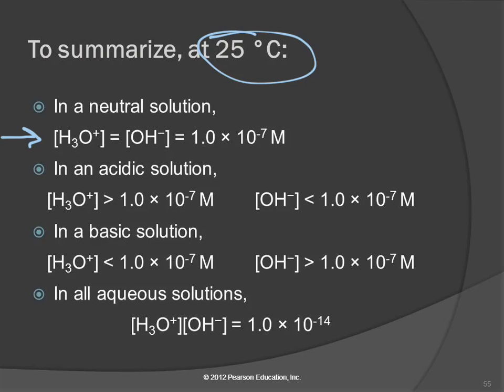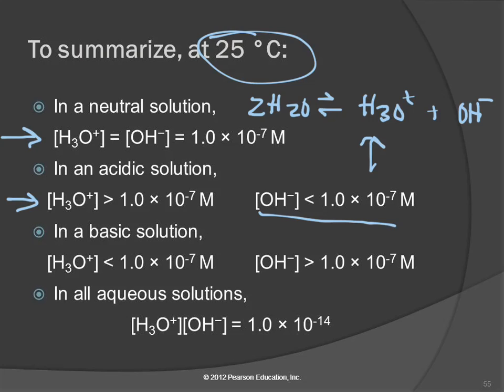So neutral solution, we just talked about that. An acidic solution has more acid. Acids donate protons, so you're going to have more hydronium ion in an acidic solution. So then the hydronium ion concentration is larger than in that neutral situation, and the hydroxide ion concentration is smaller. Because if one goes up, what happens? 2H2O in equilibrium with the H3O plus and the OH minus.